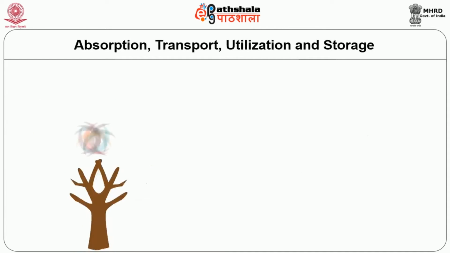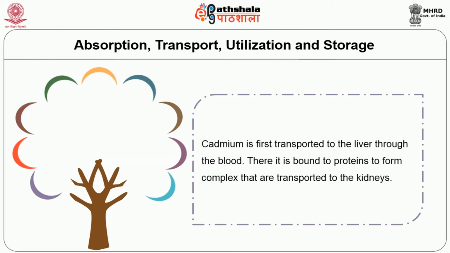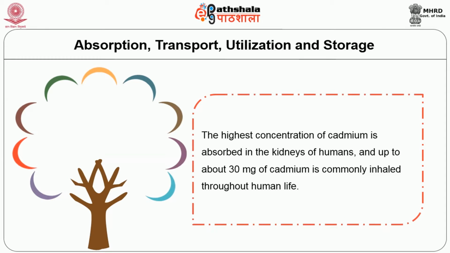Let us understand the absorption, transport, utilization, and storage of cadmium. Cadmium is first transported to the liver through the blood. There it is bound to protein to form a complex that is transported to the kidneys. The highest concentration of cadmium is absorbed in the kidneys of humans, and up to about 30 mg of cadmium is commonly accumulated throughout human life.